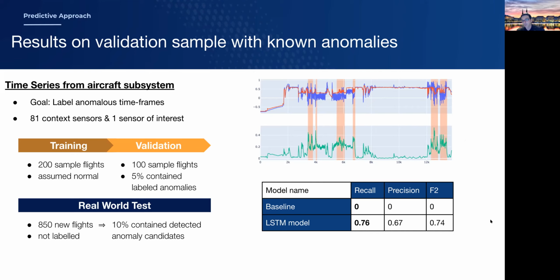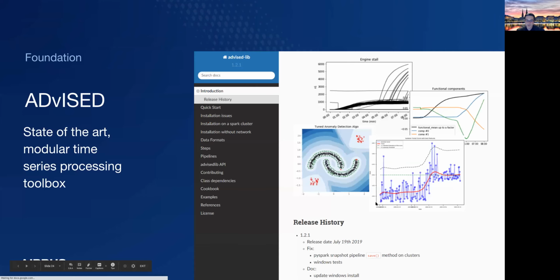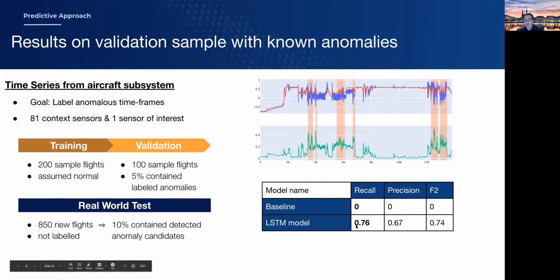And this is one of our best models, so we actually have a better model now. What these numbers tell you is we find 76% of all anomalies present in this data set. It's quite good. We are actually quite better right now; we are above 80.